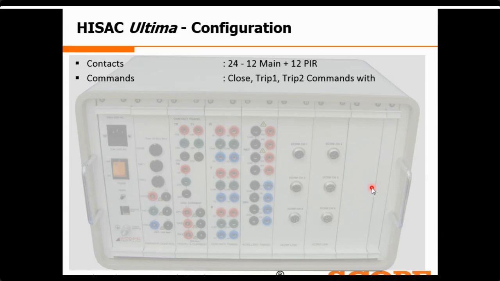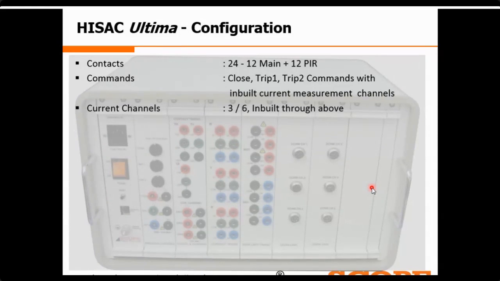The commands we have are close, trip 1 and trip 2. We have inbuilt current measurement channels. What Rahul sir said earlier, that we have up to 25 ampere coil current channel feature. As standard supply, we have 3 coil current channels up to a 400 kV circuit breaker.